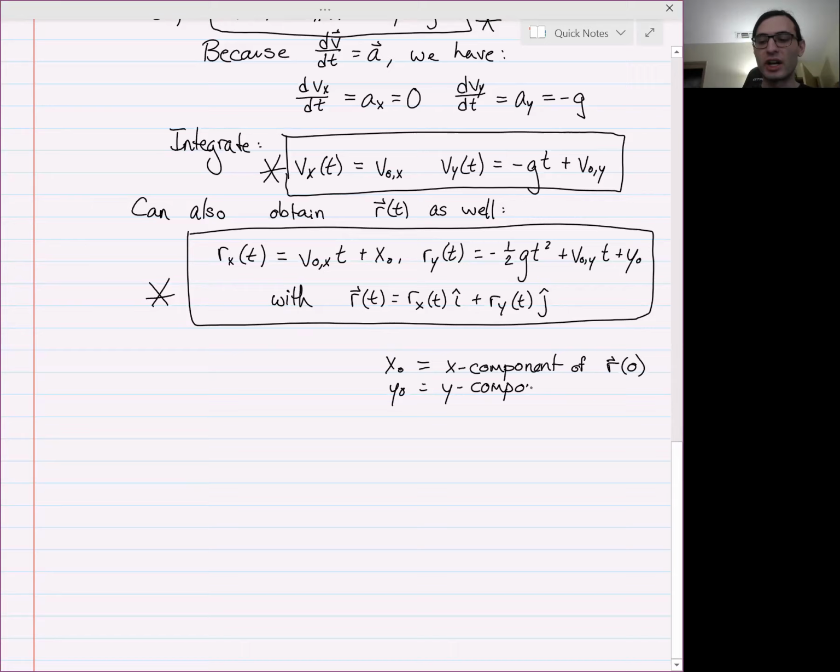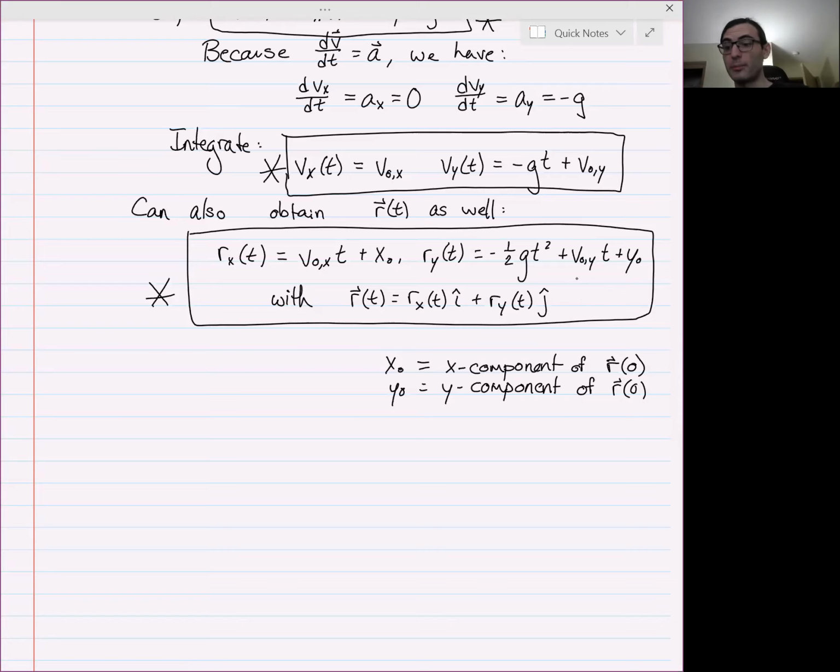I'm just giving it a different name rather than r naught sub x, or the x component of the vector r at 0. So these are just the initial positions, just like how v naught y is the y component of the initial velocity. r is the position vector. It represents where the object is.